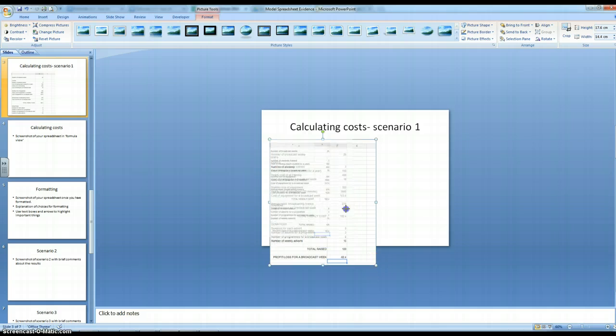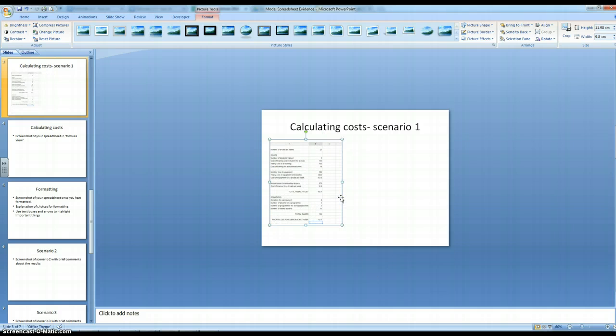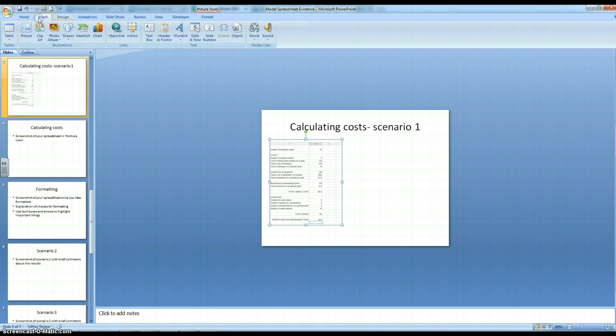Scale it down, and again we can make some brief comment about what we've done.